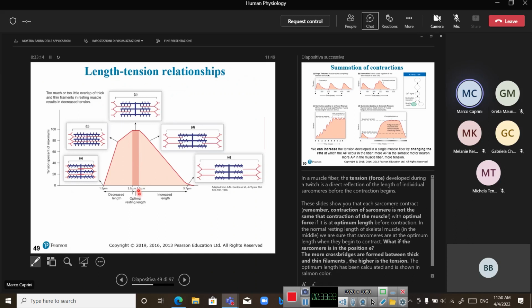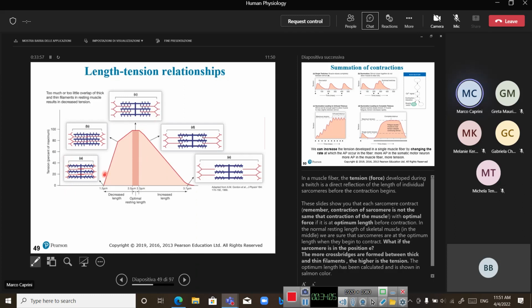But in any case, the slide shows you that each sarcomere in each position contracts with an optimal force, as if it is at optimal length before the contraction. For example, what do you think? Why am I able to produce a high tension here in the C position compared to the A position?